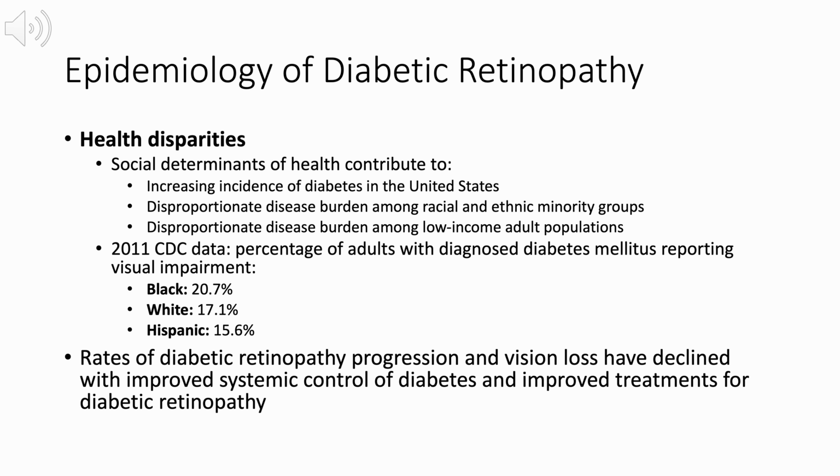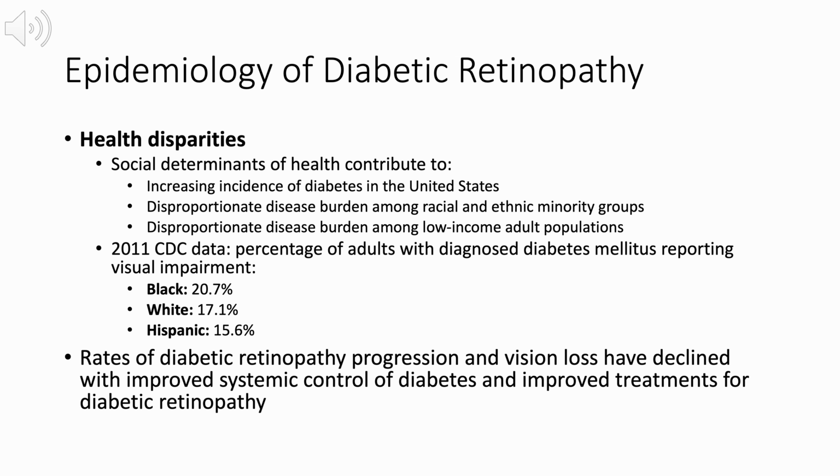Social determinants of health contribute to 3 related problems: an increasing incidence of diabetes in the United States overall, a disproportionate disease burden among racial and ethnic minority groups, and a disproportionate disease burden among low-income adult populations. These are not abstractions, they show up in the data.